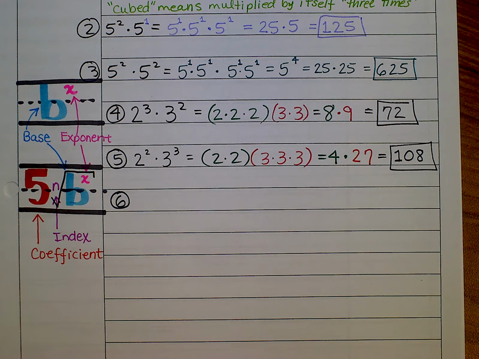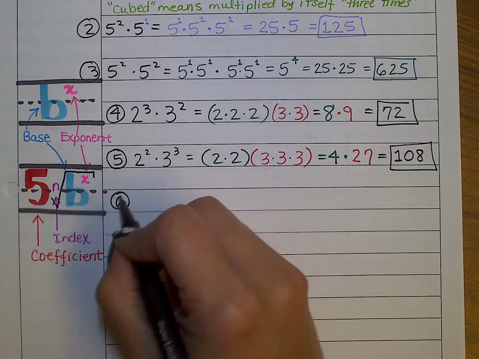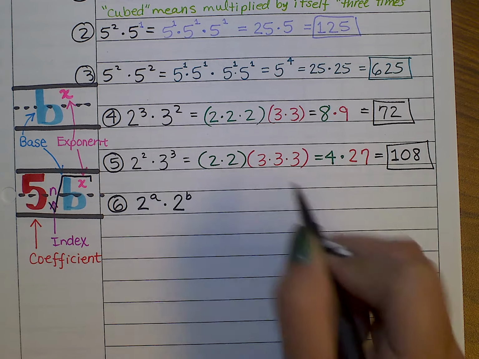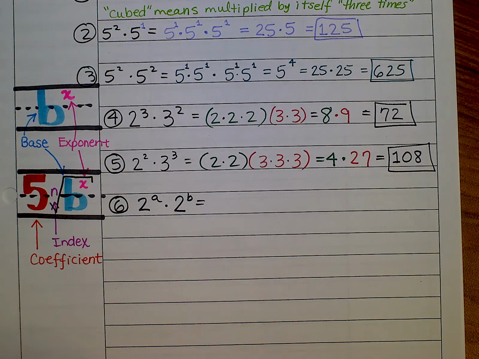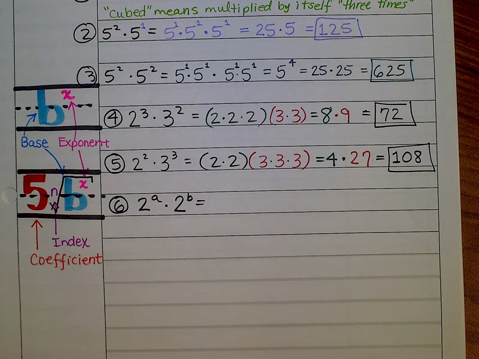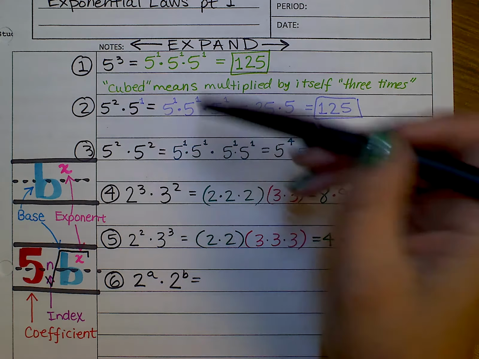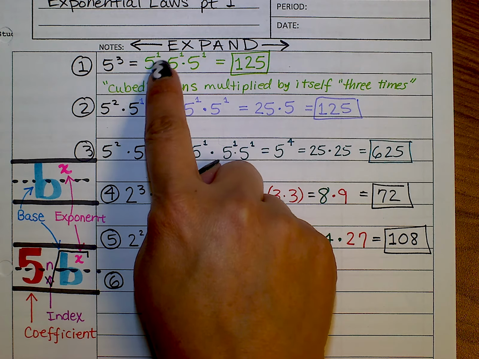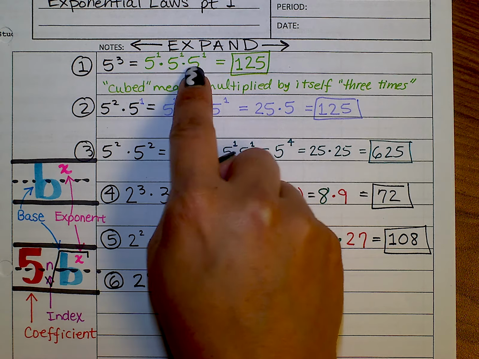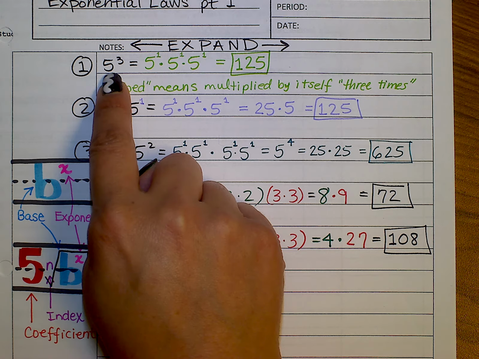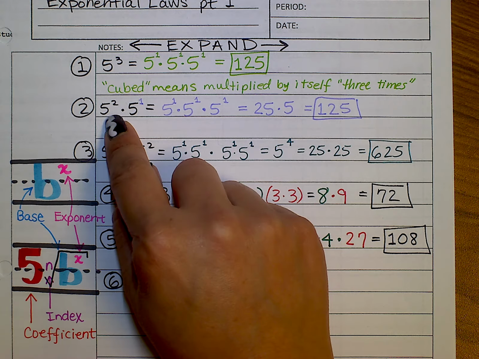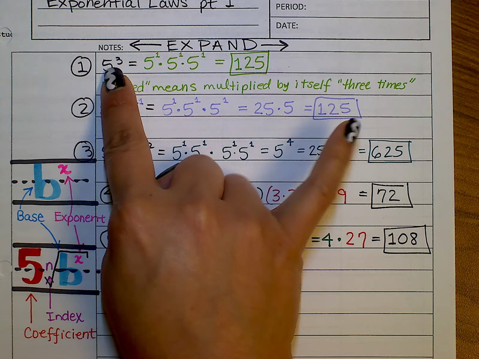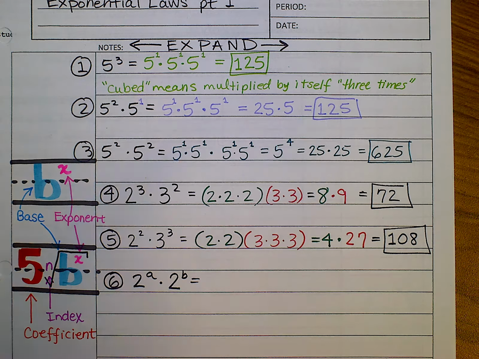So we moved it on to example 6. Example 6 says 2 to the a times 2 to the b. Now, this is the one that confused people the most, and I said let's look back at examples 1, 2, and 3. So here we have 5 to the first power times 5 squared, and that's equivalent to 5 cubed. But here, I also have 5 squared times 5 to the first power, and it gives me the same answer as 5 cubed.